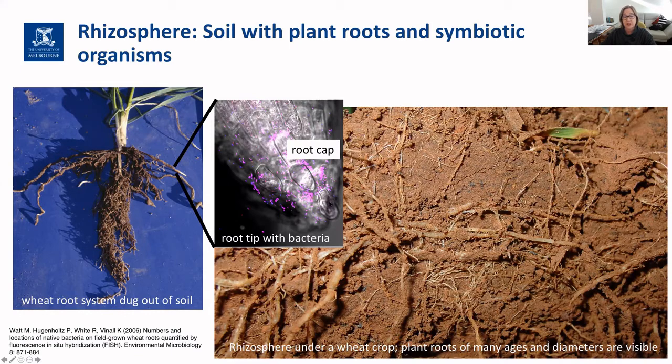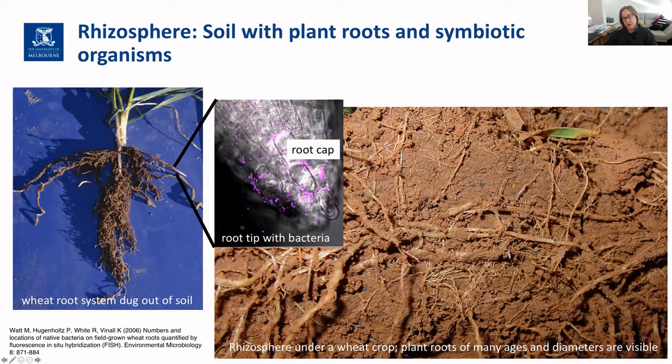And this is really the genesis of the rhizosphere. A root tip arrives in a volume of soil. It exudes different compounds, largely sugars, carbon-containing compounds. And these are used as food by microorganisms. And each millimeter of root length on a plant has roughly about 1 million microorganisms associated with it.